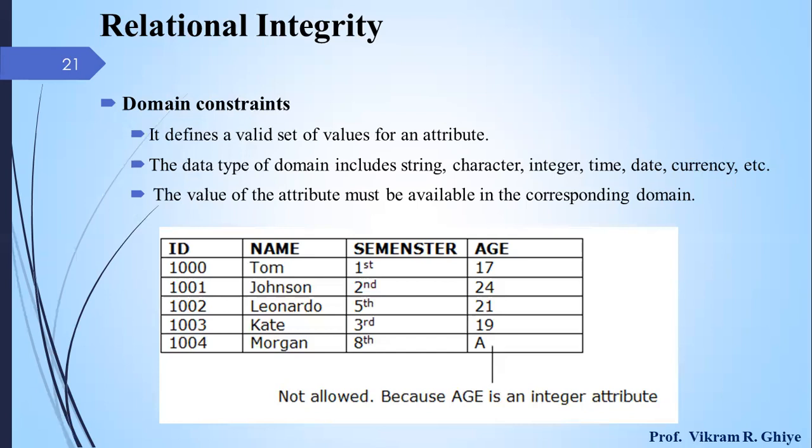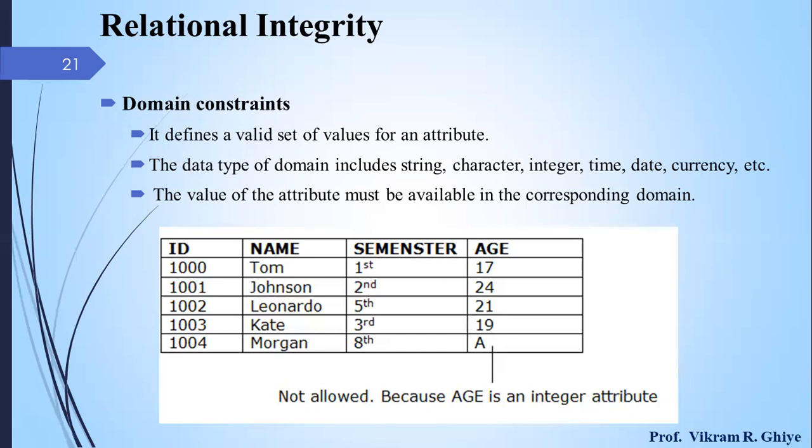He is in the first semester and his age is 17. ID is integer type, name is string type, semester may be integer, and age is again integer. But look at ID number 1004, with the name Morgan. He is in the 8th semester, but his age is mentioned as A.